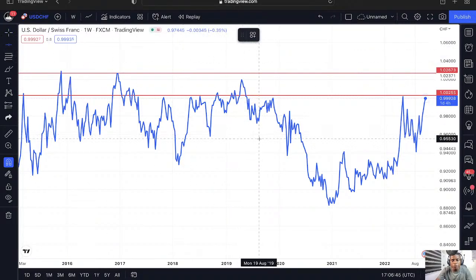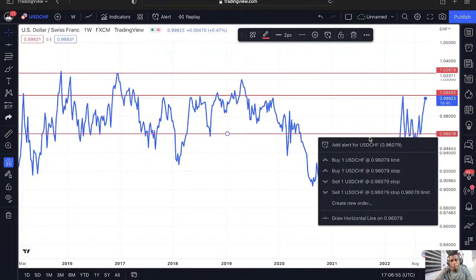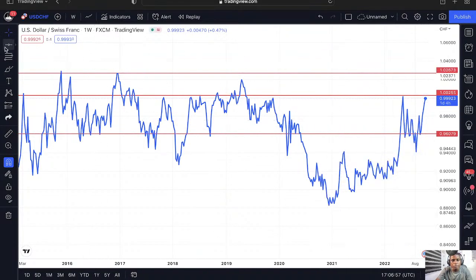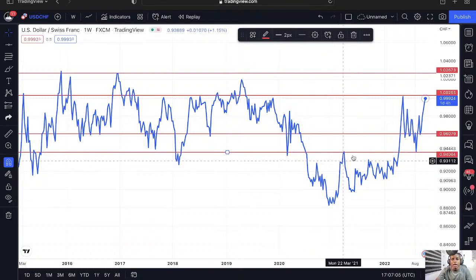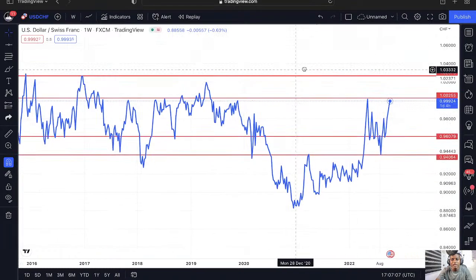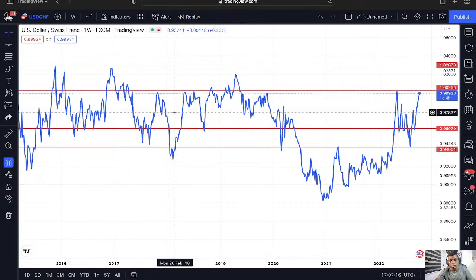Another level of support turned resistance is found here. Another level is found here. This has given us a scope to see price fluctuation and the levels at which price currently settled before moving.